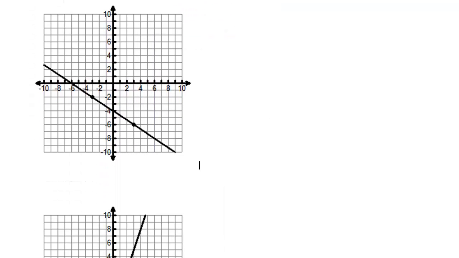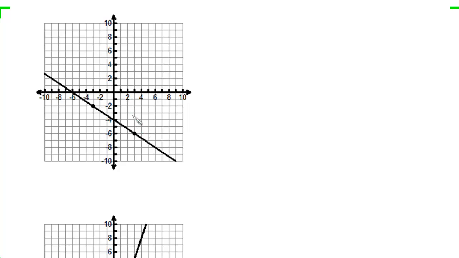Another one here. Personally, I think it's easiest to find the equation of a line when you have the graph of it, because you can just count the slope very easily. We always run to the right, so that tells me this is a negative slope. So if I'm going to write this in slope-intercept, I start at this point, and I go down 1, 2, 3, 4. So down 4, and then I run 1, 2, 3, 4, 5, 6.